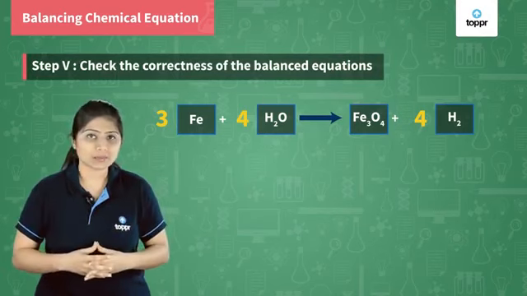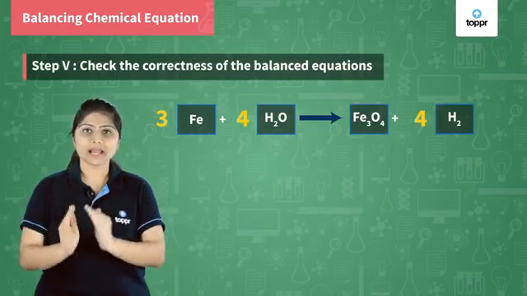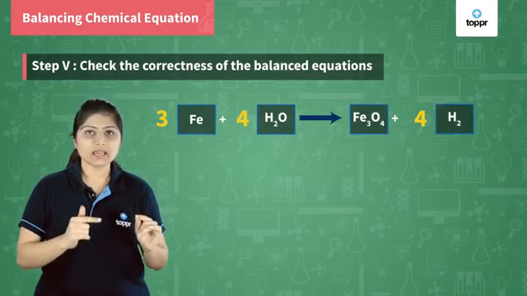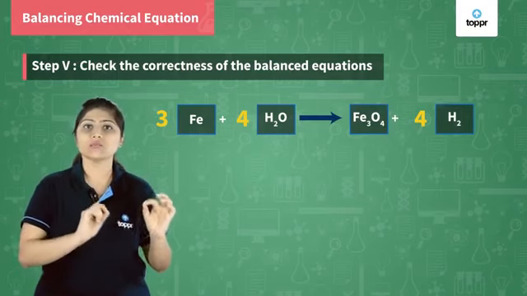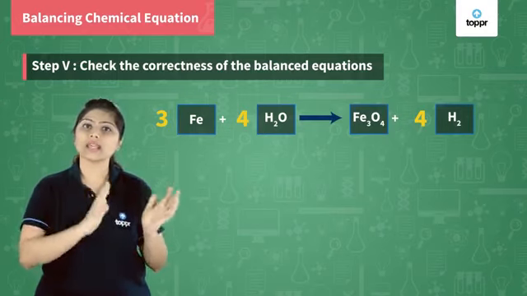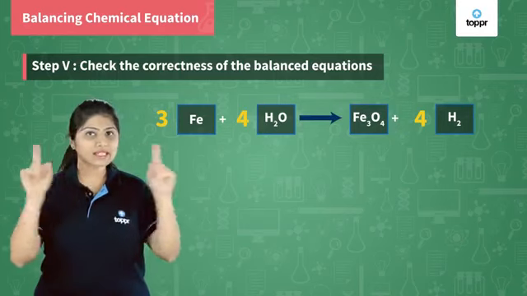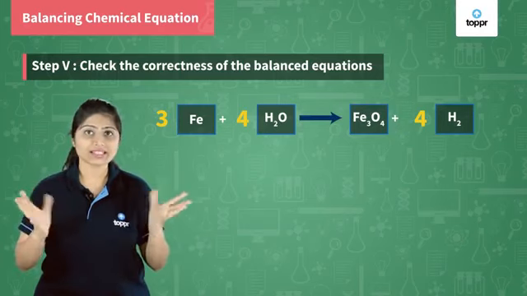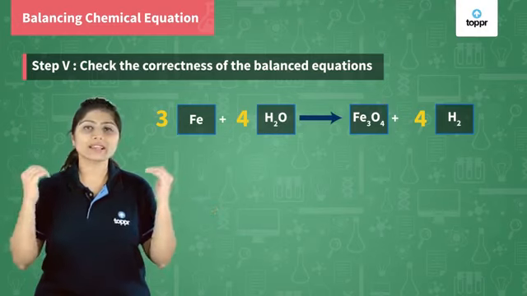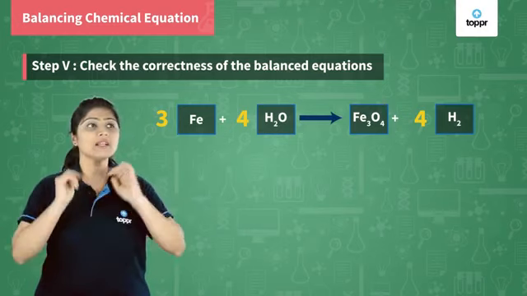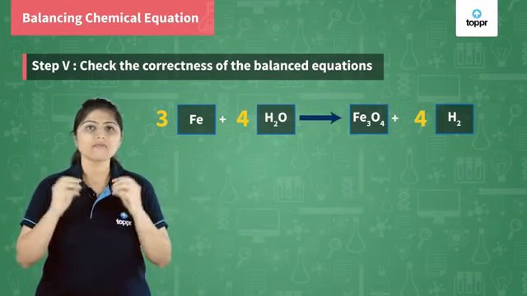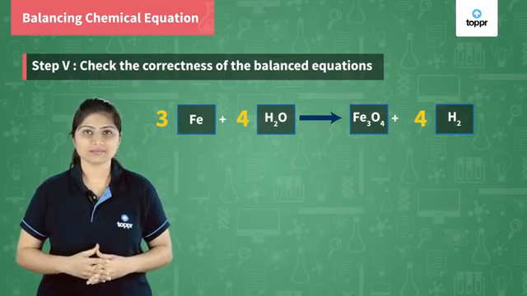Now our equation has become 3Fe plus 4H2O gives Fe3O4 plus 4H2. Is our equation correct? Is it balanced on the left and right side? Yes, it is.